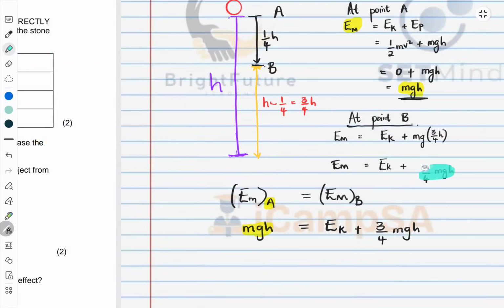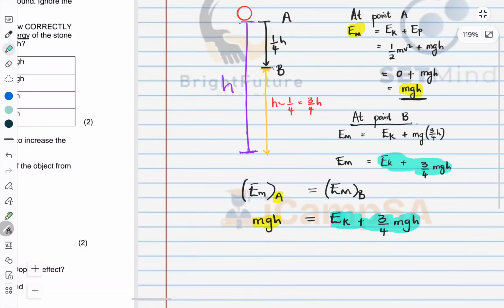Now if you transpose and solve for kinetic energy, you'll find that our kinetic energy at B should be 1 minus 3/4, which is 1/4 mgh.